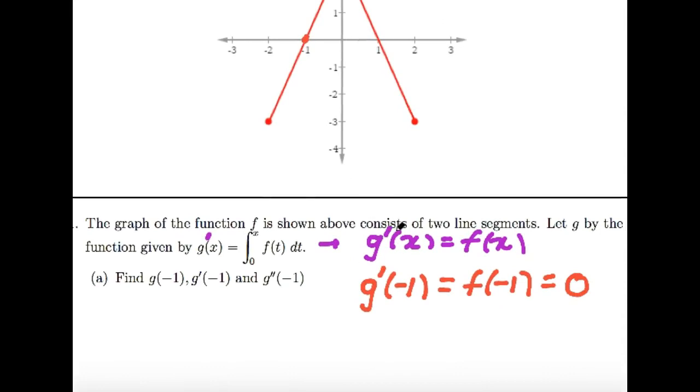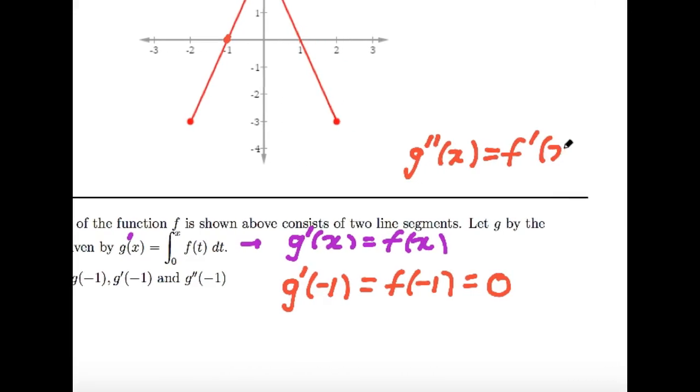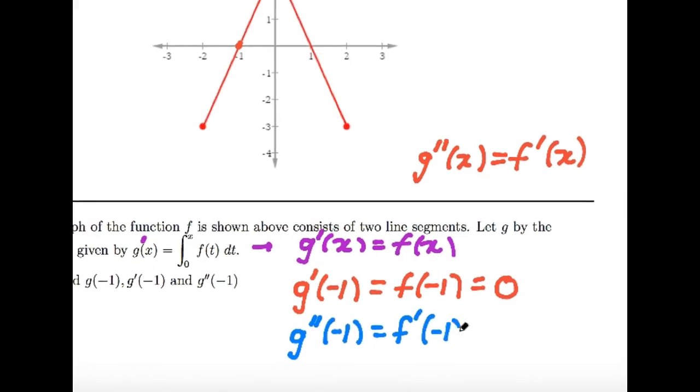Okay, so if I know that g prime of x is equal to f of x, I also know that g double prime of x is equal to f prime of x. And the reason being is if I take the derivative of the left side here, I have to take the derivative of the right. So g double prime of -1 is equal to the slope at -1.